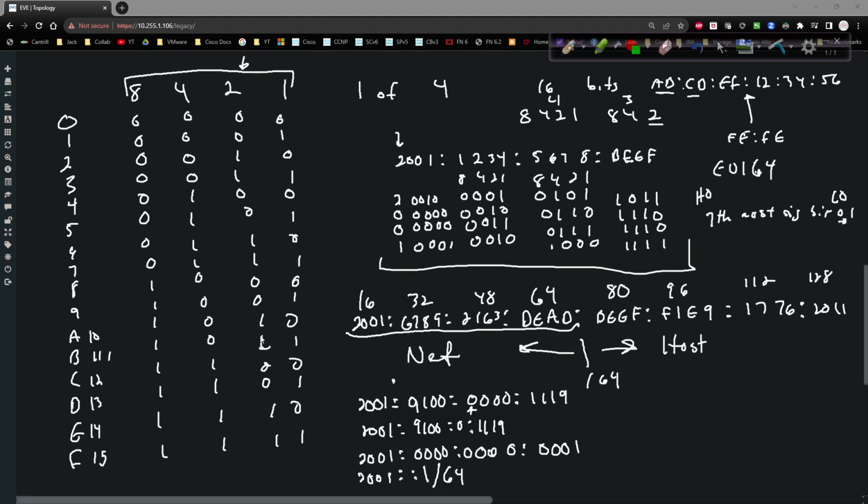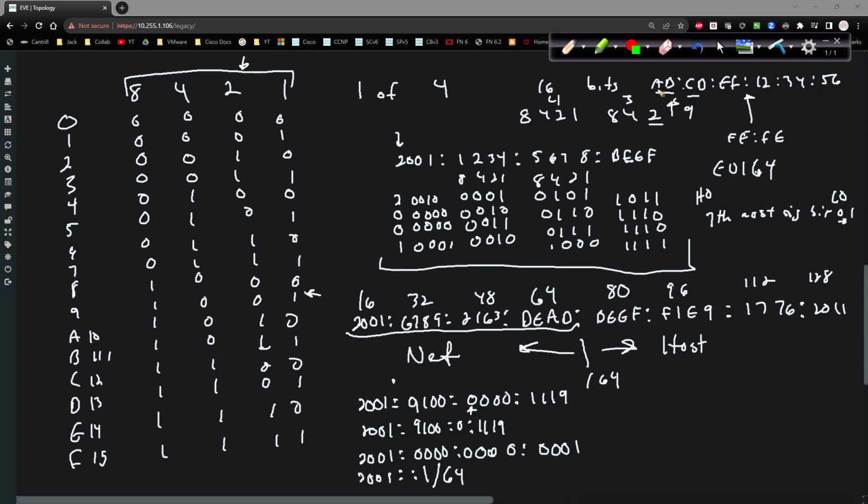Because right now it's a B. If I was to turn this bit off, so take the 2 right here, come down here and turn this off, that would make this a 1 0 0. A 1 0 0 makes it a 9. So instead of it being a B, this would be a 9 because it would be turned off right here. So it'd be A9 is what it would eventually come out to be.